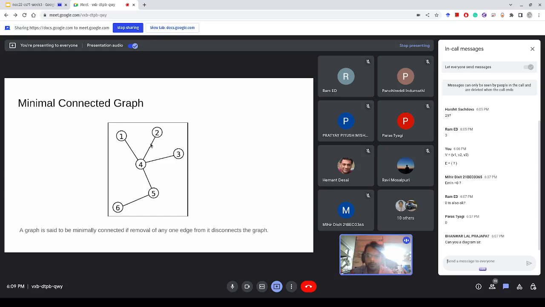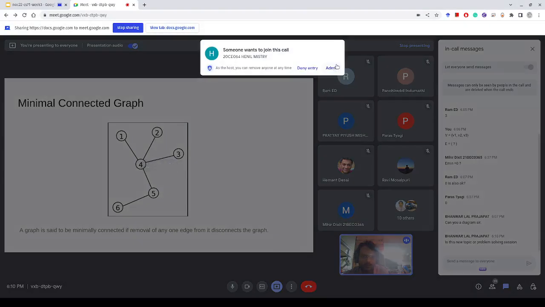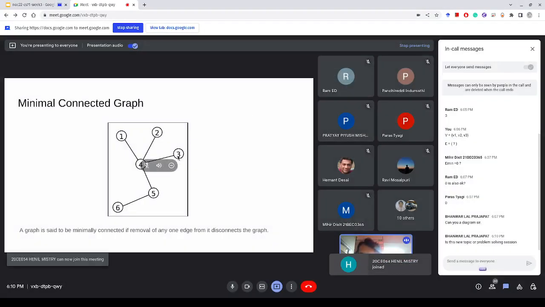So for example, if in this graph we were to delete the edge 2 to 4, you won't have any path between 2 and any other chosen vertex. So if you choose 2 and 1, there won't be any path, and likewise 2 to 3, basically 2 with any other vertex, there wouldn't be any path to it, and it becomes basically a disconnected graph.